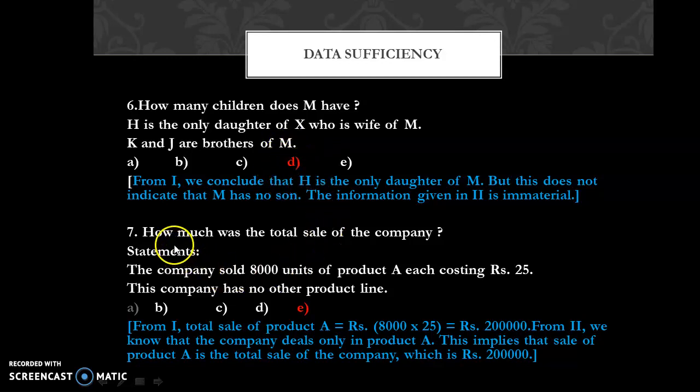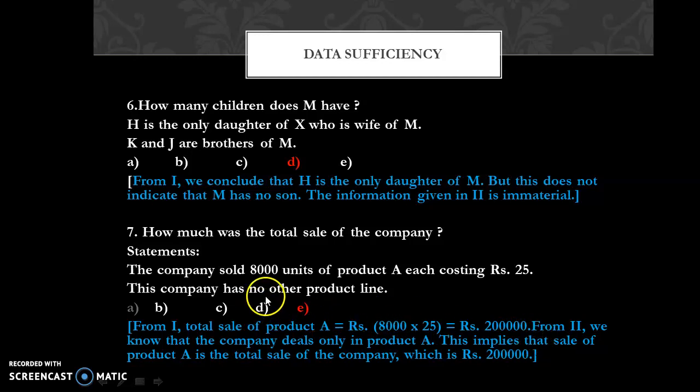Then the last question. How much was the total sale of the company? Two statements are given. The company sold 8,000 units of product A, each costing rupees 25. Second statement: the company has no other product line. From the first statement, you will get the total sales. 8,000 into 25, you will get the answer 2 lakh rupees.